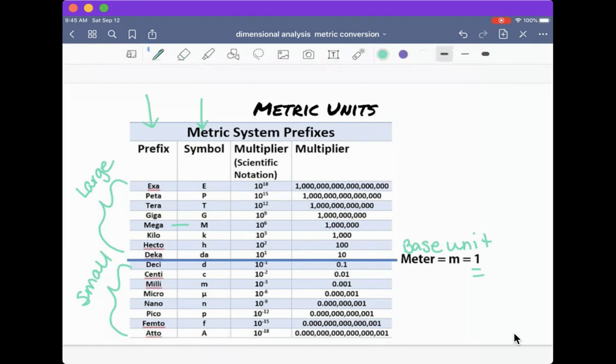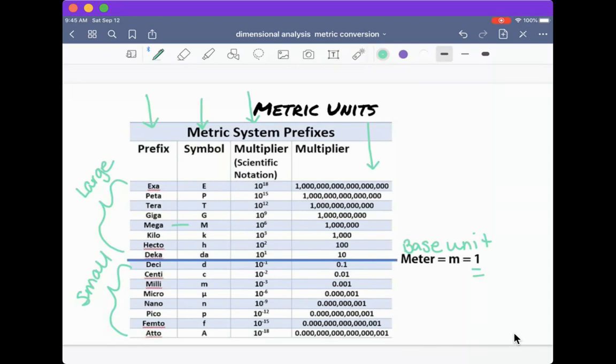And then the most common one that you're going to see is the scientific notation multiplier. You can see it here. I put this chart on here so you could see it actually written out, just to also kind of highlight the point that we're dealing with such big and small numbers in chemistry and physics and even in biology that it is just a pain to write out all of those zeros.